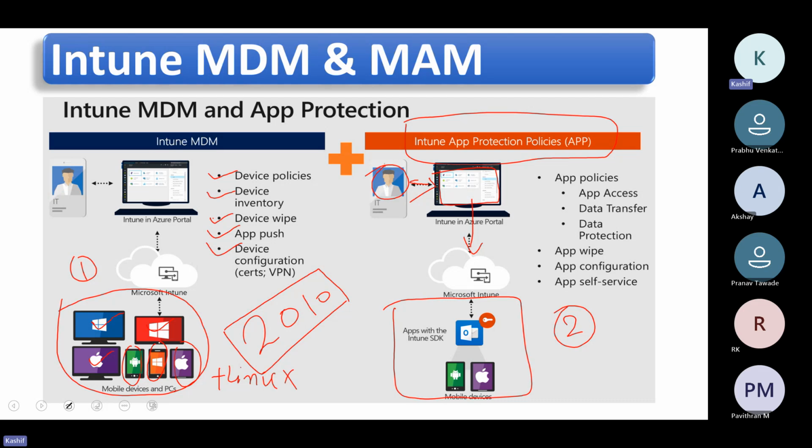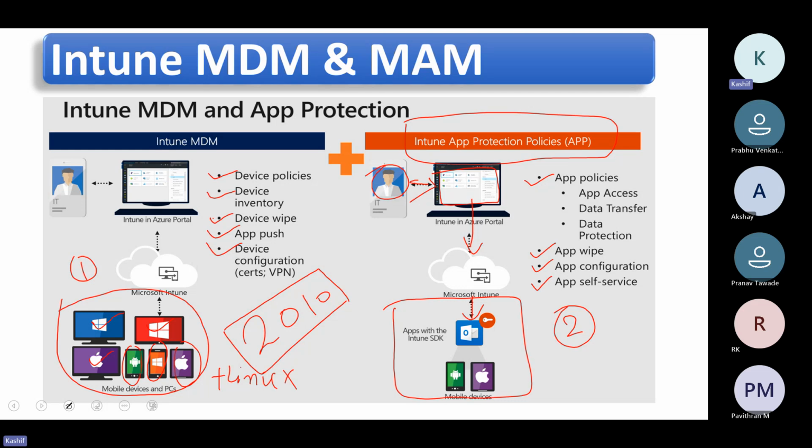And the policy will be applied on the application which is there on the device. So the device will receive the policy according to what you configure in the Intune portal. So you can deploy app policies, right? App wipe, app configuration, app self-service. So there are various things which we can do in mobile application management, similarly in mobile device management.